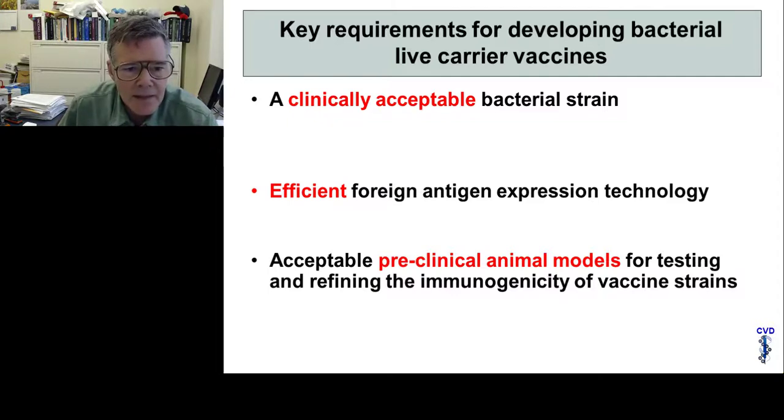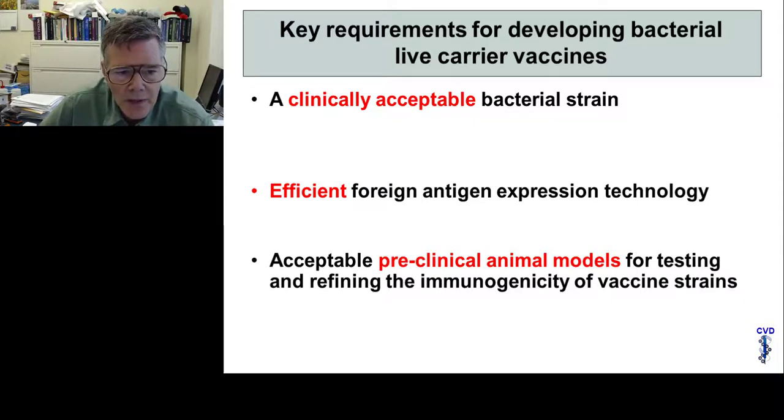The second thing we need is efficient foreign antigen expression. Over the years, we have developed patented non-antibiotic plasmid selection technology. Obviously, we're not going to want to use plasmids that require antibiotic selection when we're trying to target a human pathogen for which use of antibiotics has caused problems in the first place.